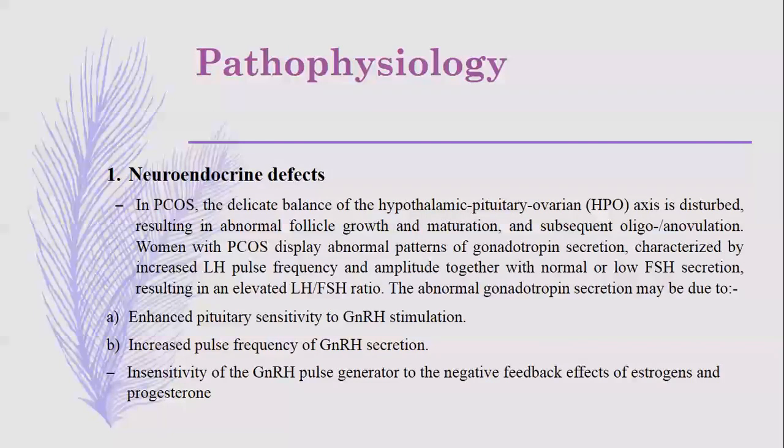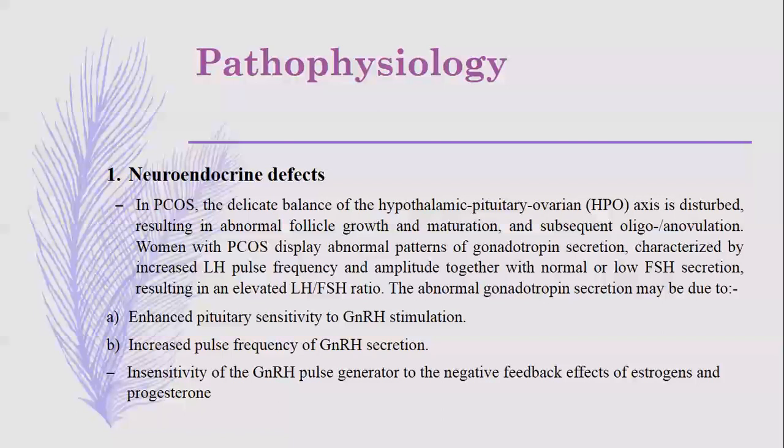Pathophysiology. Neuroendocrine defect. In this explanation, they claim that the hypothalamic-pituitary-ovarian axis is the cause of Polycystic Ovary Syndrome. So the defect is initially from the brain itself, from the gonadotropin-releasing hormone itself, as a cause of Polycystic Ovary Syndrome in this patient.